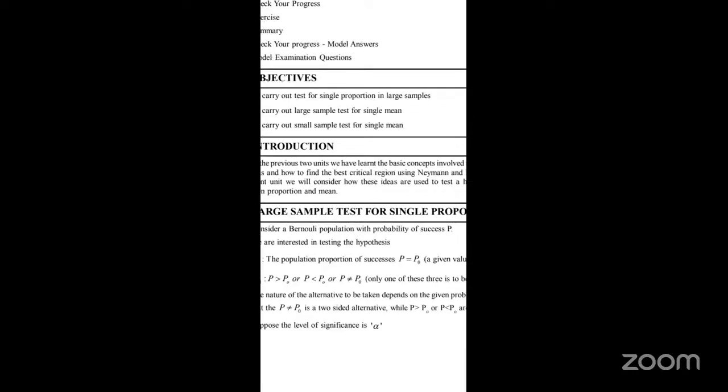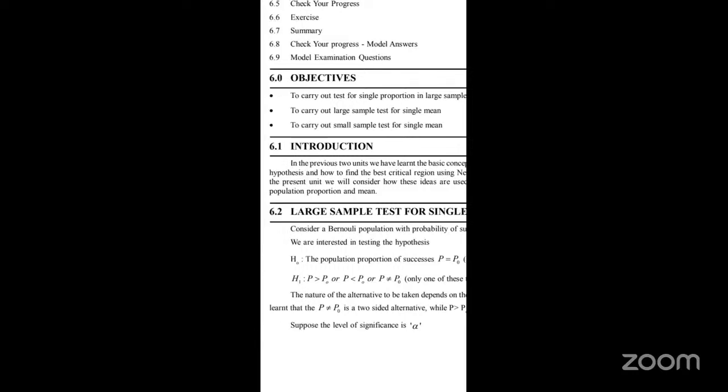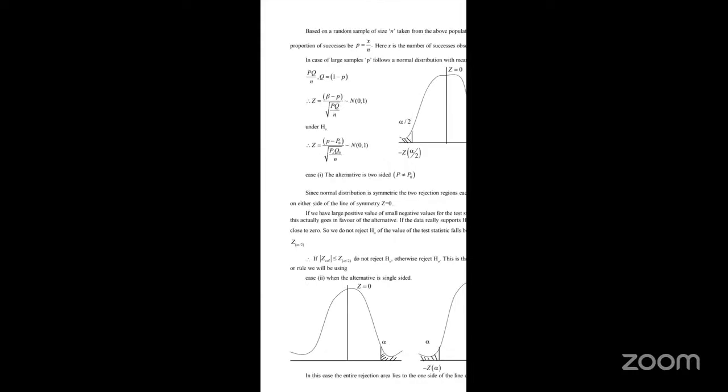Our alternative hypothesis is P greater than P naught, P less than P naught, or P not equal to P naught, with level of significance alpha. Based on a random sample of size n from the above population, in a large sample the proportion p equals x by n, where x is the number of successes in the observed sample.